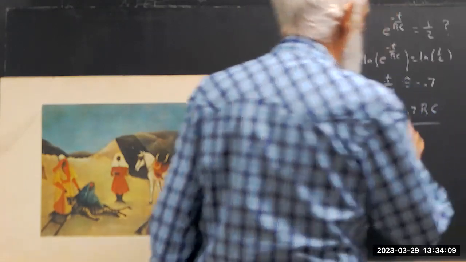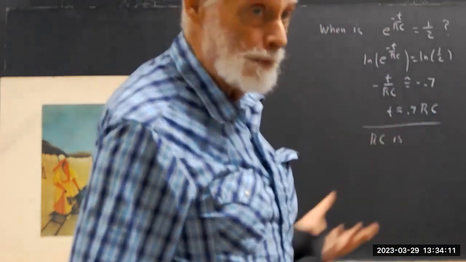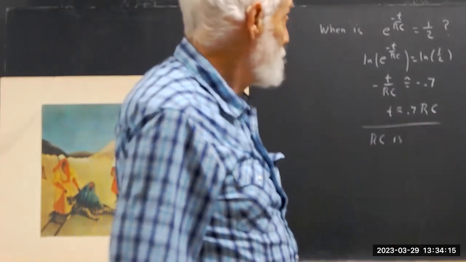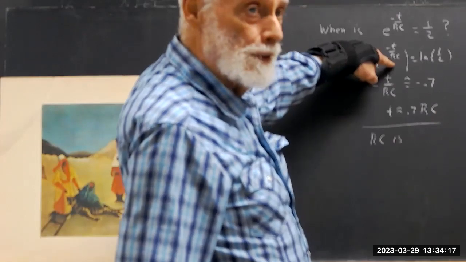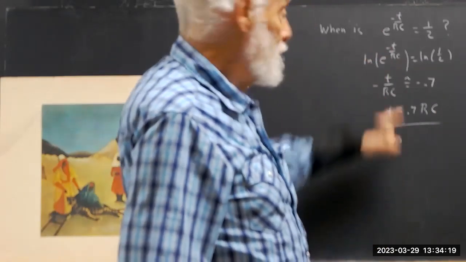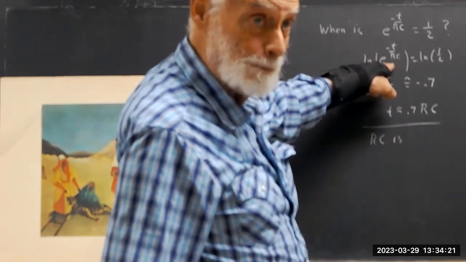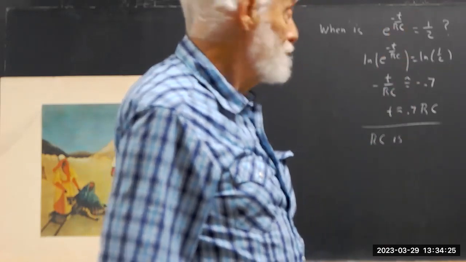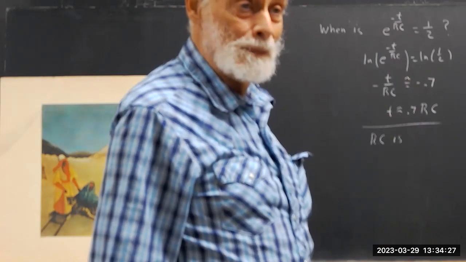Now, RC has units of time, right? It has to have units of time because it's equal to time. E to the negative t over RC wouldn't be a valid expression if RC didn't have units of time. Team, work out the units. R is ohms.